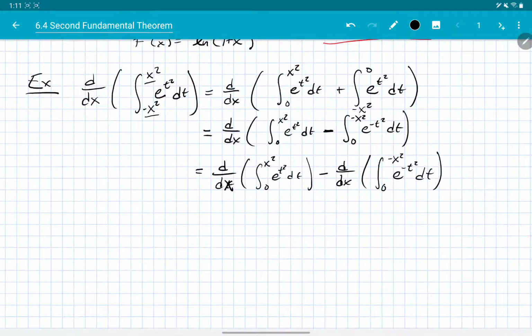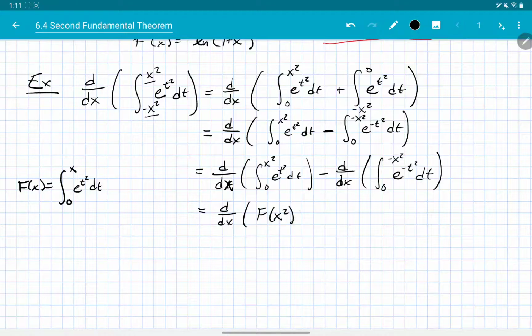Now, separately, let's define a function capital F to be the integral from 0 to x of e to the t squared dt. Then, rewriting this, this is d over dx of capital F of x squared. These two are the same thing.